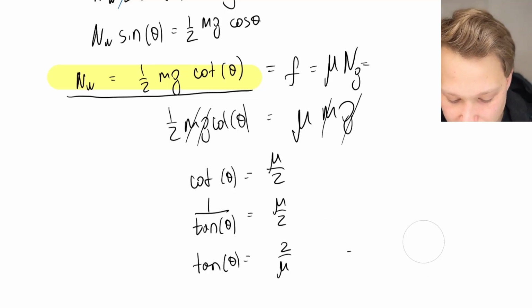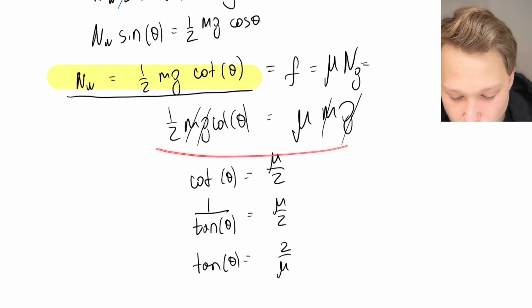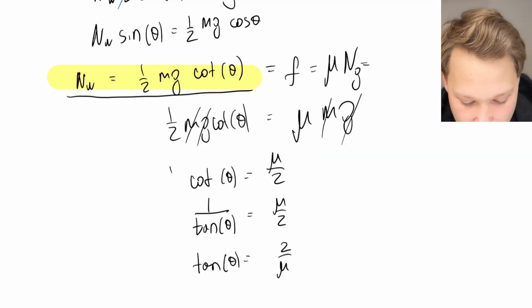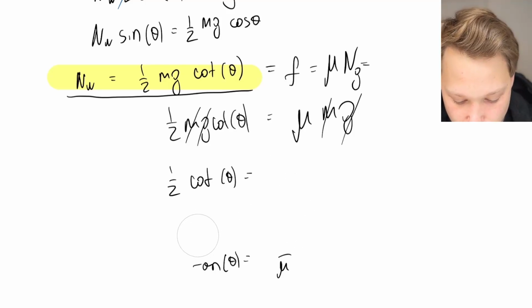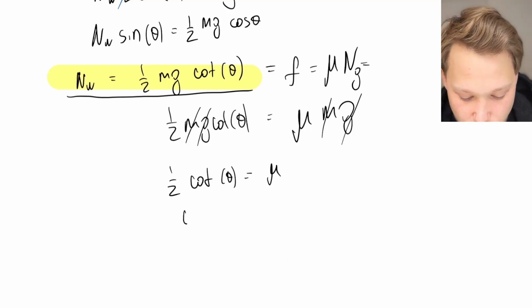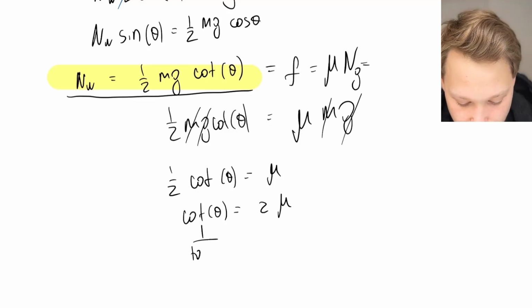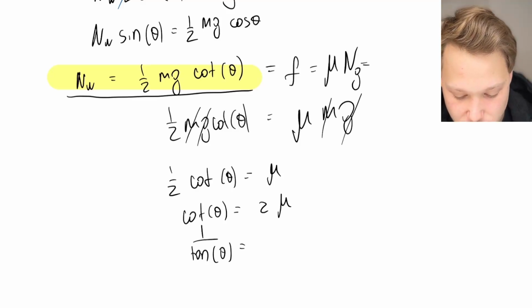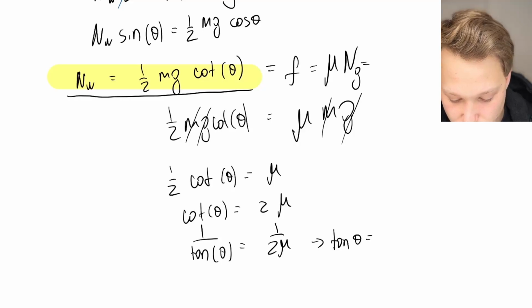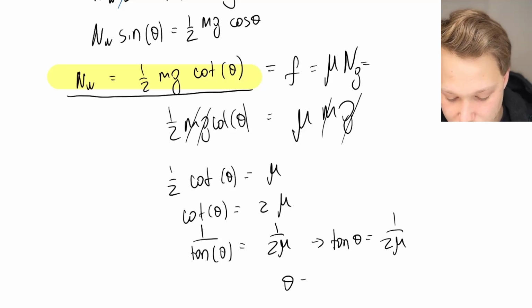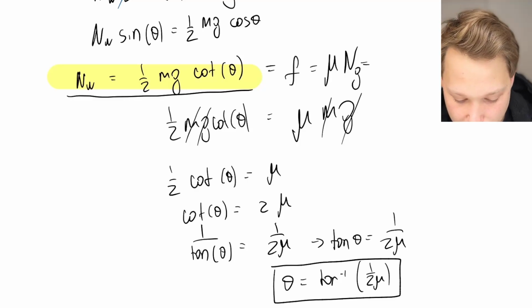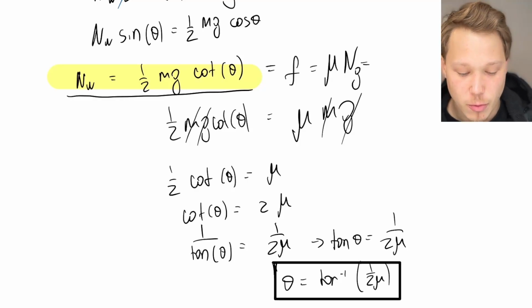So we made just a little error right here. I apologize. So right here, when we were rearranging this equation, we had 1/2 cotangent theta is equal to mu. Therefore, we multiply both sides by 2. So if we want to write it in terms of tangent, we need to invert both sides. So tangent theta is equal to 1 over 2 mu. Or theta is equal to the inverse tangent of that. I apologize for this error, right?